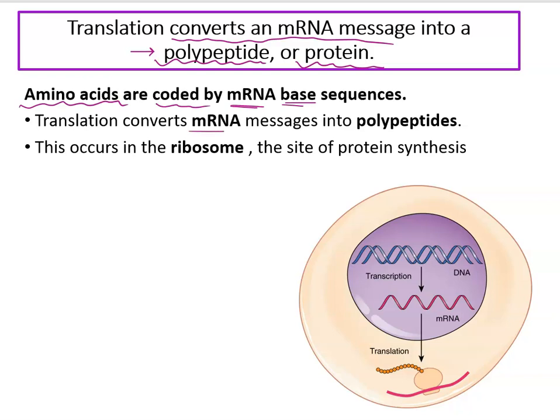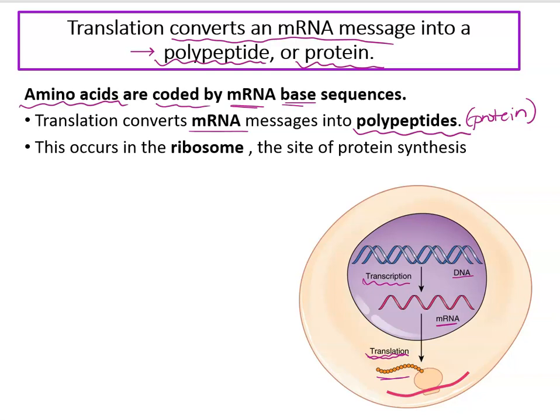Translation is going to convert the mRNA into a polypeptide or protein. And this is occurring in the ribosome. So in the nucleus, we went from DNA to mRNA, and that was the process of transcription. And now outside the nucleus in the cytoplasm, in the ribosome, that is where that message or mRNA is going to be converted into a protein.